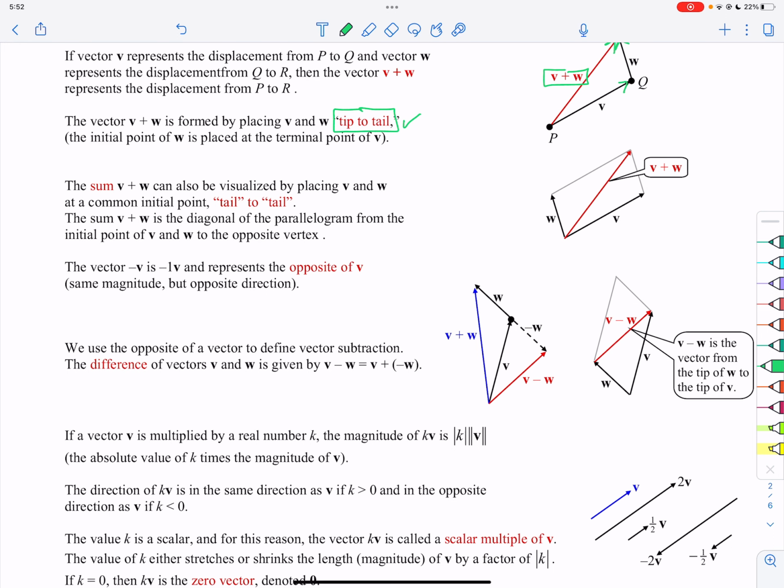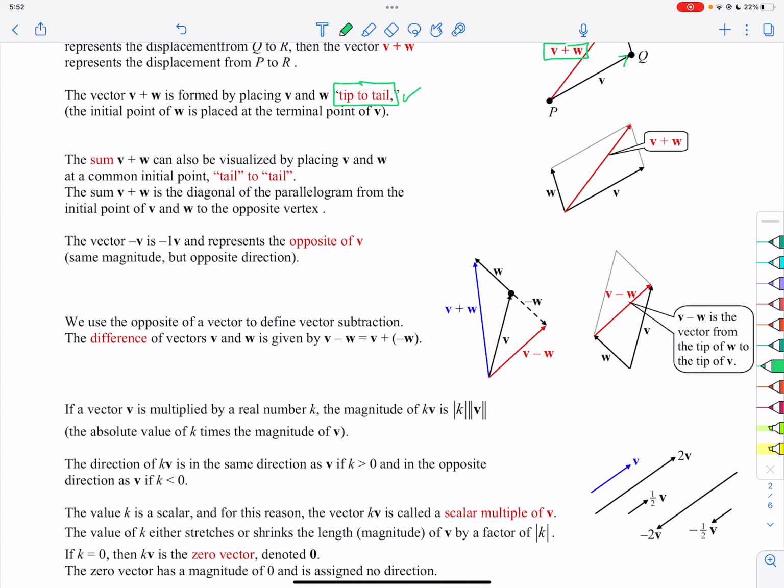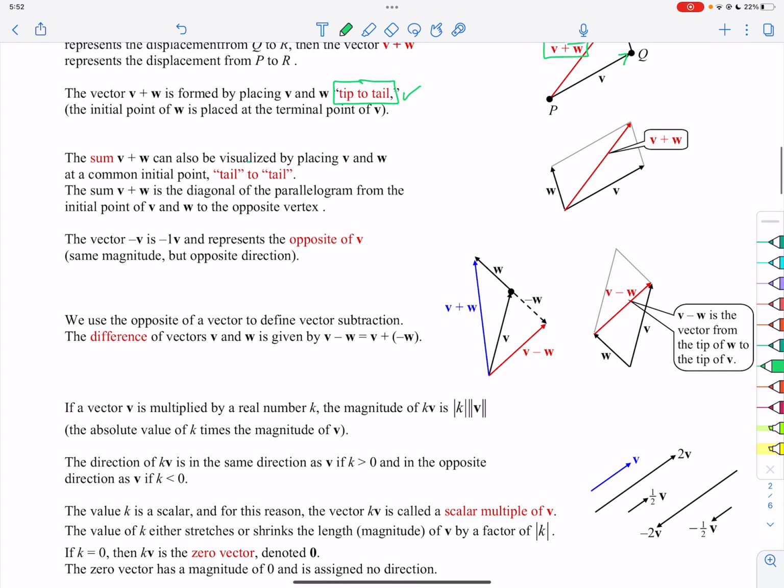The sum V plus W can also be visualized by placing V and W at a common initial point, and we call this tail to tail. And the sum V plus W is the diagonal of the parallelogram from the initial point of V and W to the opposite vertex.